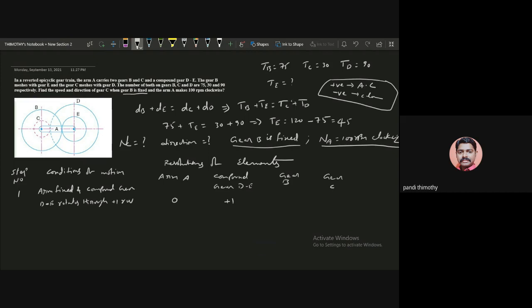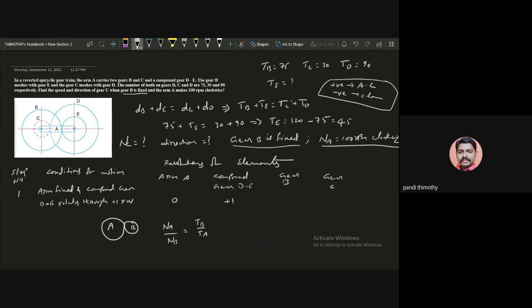For example, here assume two gears are there: gear A and gear B. I can write a relation, speed ratio, NA by NB, speed of gear A by speed of gear B, is inversely proportional to its number of teeth, that is TB by TA. NA by NB is equal to TB by TA.